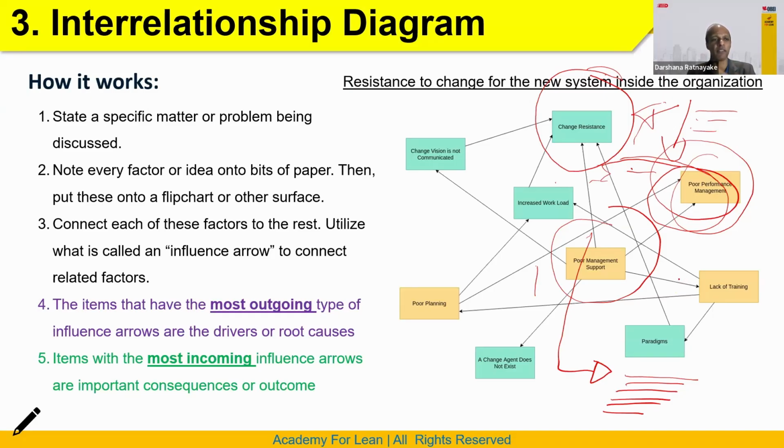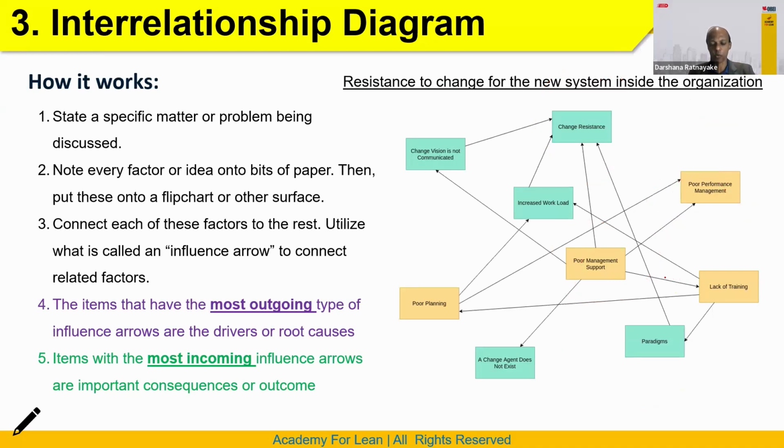You can do this for anything. Let's say if you go for a trip, you can do this kind of interrelationship diagram. This is how the diagram works. Then based on this outcome, we make an action plan, then we can execute. Then it will reduce our future problems. That is why we are using it.